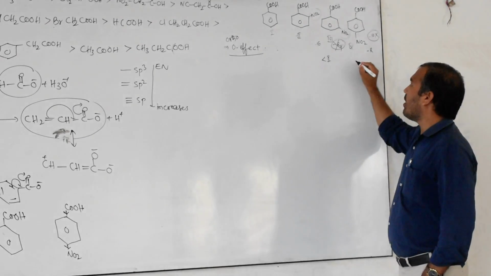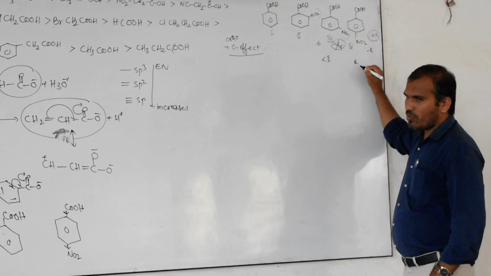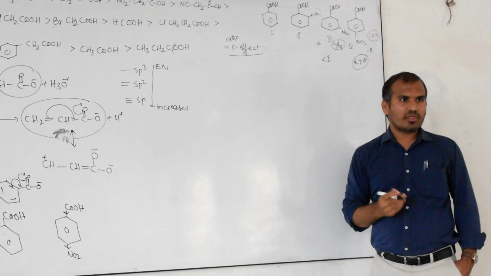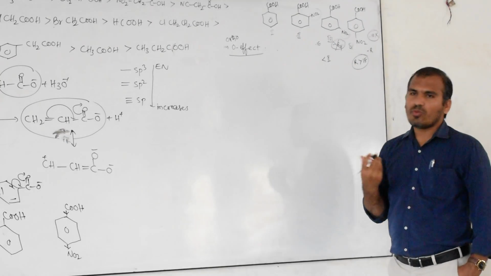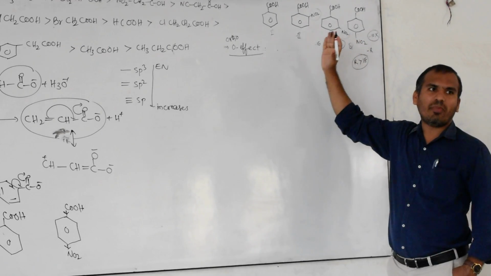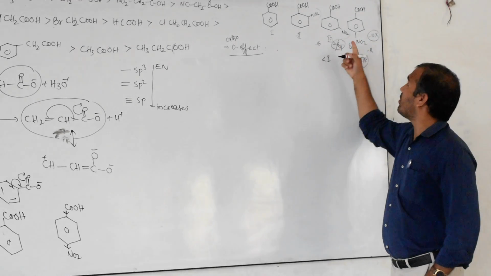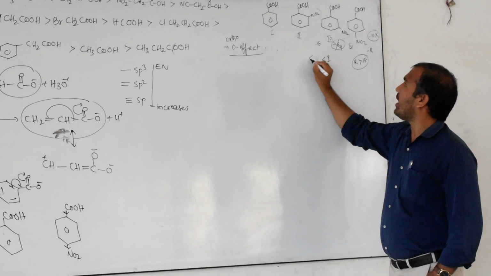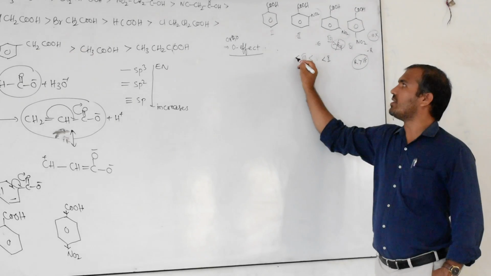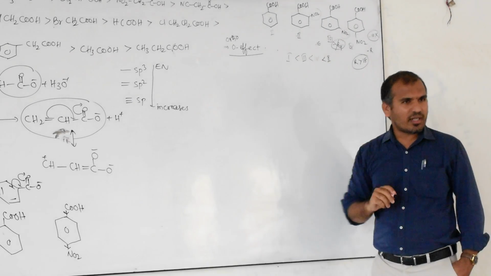You know that the resonance or mesomeric effect is predominant over the inductive effect. So which is more acidic now? Para position is more acidic than the meta. Therefore, 4th, next 3rd, here no group is there. This is last. This is R.